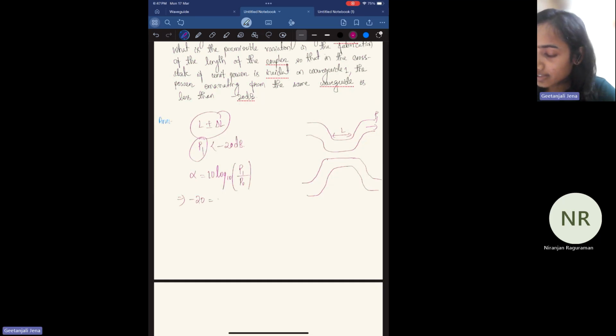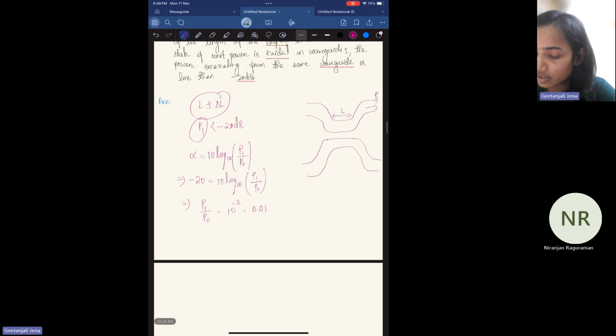So minus 20 dB equals 10 log 10 P1 by P0. You can easily calculate P1 by P0: it is 10 to the power minus 2, which is 0.01. That means the power in the first port should be less than 1 percent, which is equivalent to minus 20 dB.